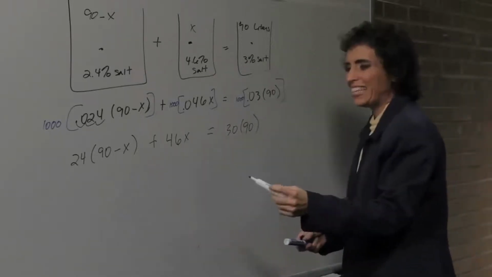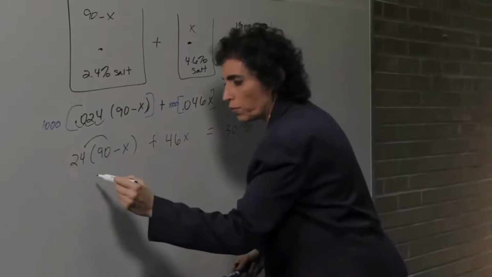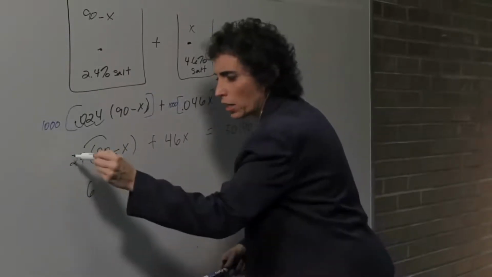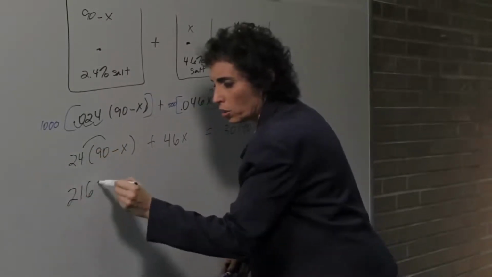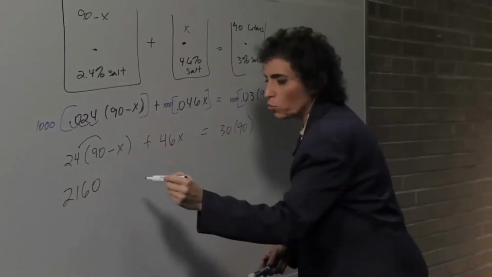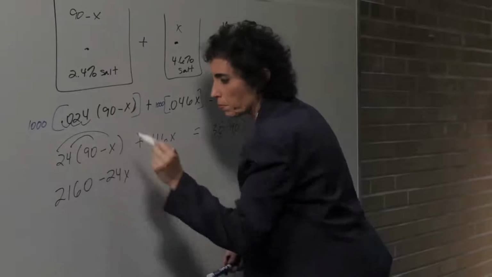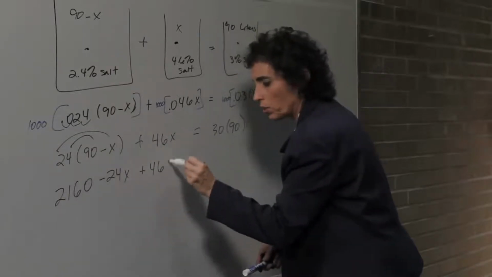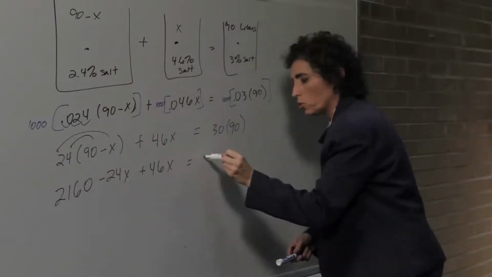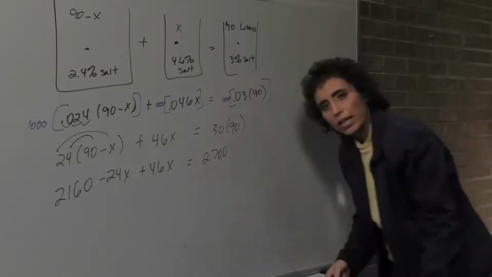Okay, here we go. 24 times 90, we're going to have to distribute. 24 times 90, that's 6, carry the 3, 18, 2,160. So 2,160 minus 24x plus 46x equals 2,700. Still with me here?